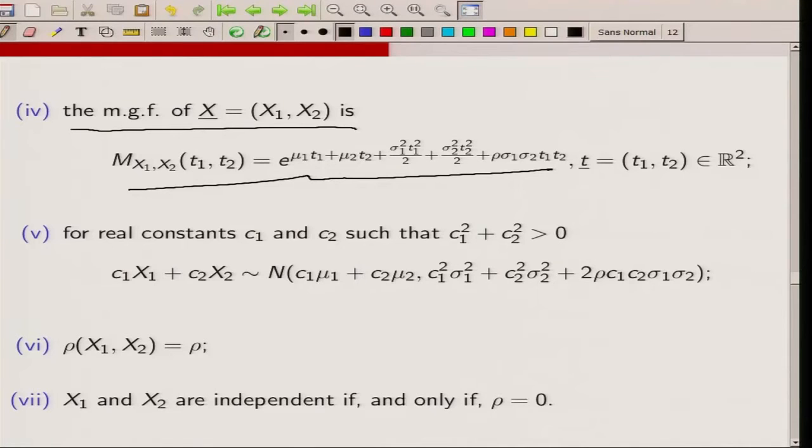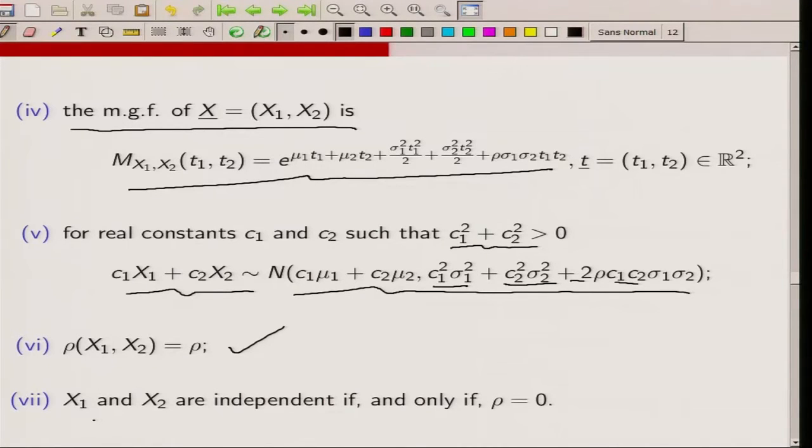For real constants C1 and C2 such that C1 square plus C2 square is positive, C1 X1 plus C2 X2 is normal with mean C1 mu 1 plus C2 mu 2, and of course the variance term would be C1 square variance of X1, which is C1 square sigma 1 square, plus C2 square sigma 2 square, plus twice C1 C2 covariance of X1, X2. Twice C1 C2 covariance of X1, X2 is nothing but C1 C2 sigma 1 sigma 2 rho. So, this suggests that possibly rho is the correlation coefficient between X1 and X2, and that is what the next part says: the correlation between X1 and X2 is rho.